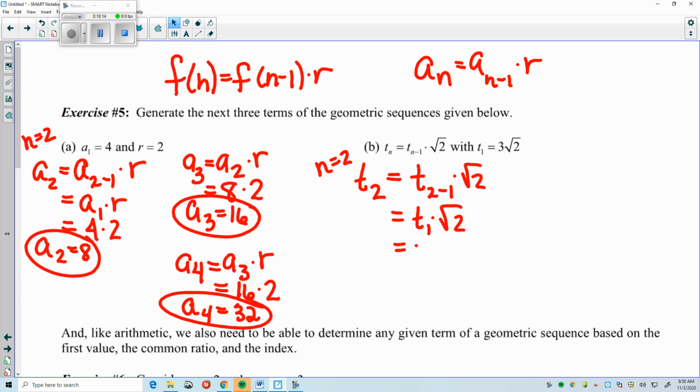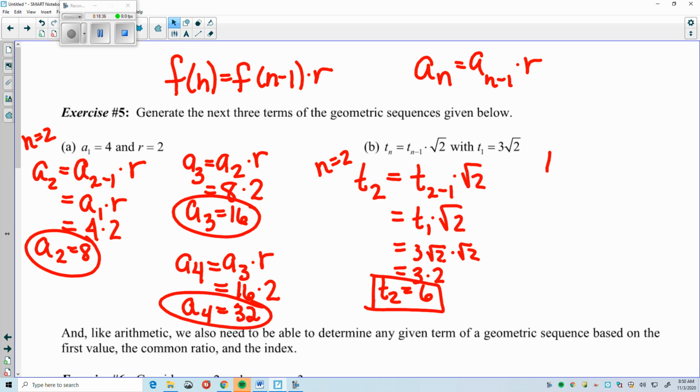T sub 1 is 3 square roots of 2 times the square root of 2. Okay, so the square root of 2 times the square root of 2 is the square root of 4, and we know the square root of 4 is really 2. So this gets us 3 times 2, or a total of 6. So t sub 2, my second term, is 6.